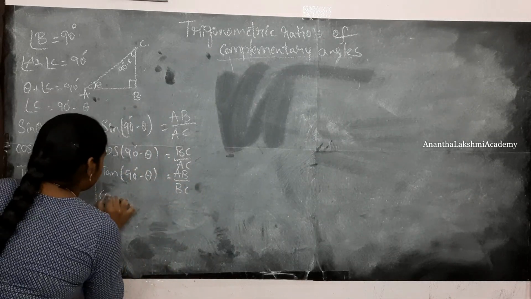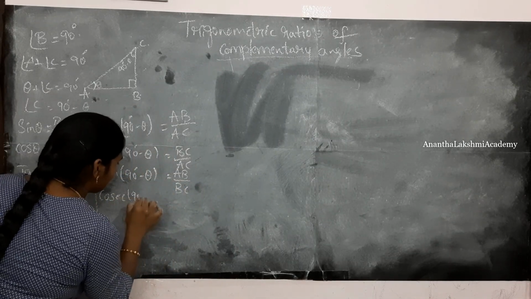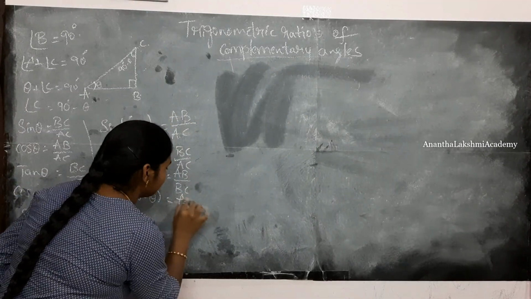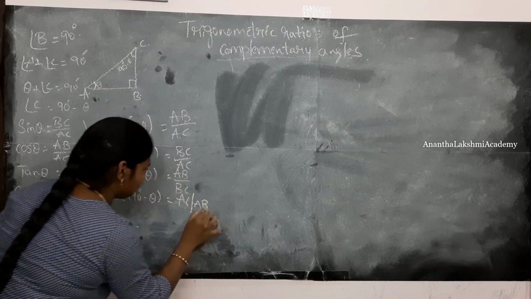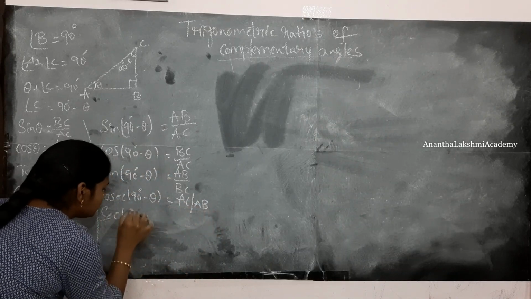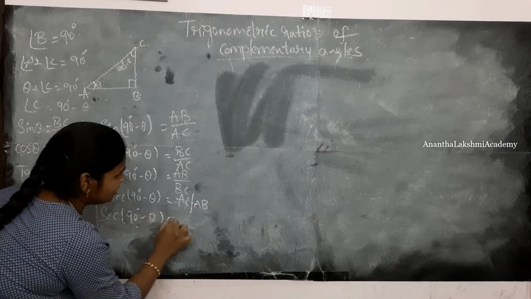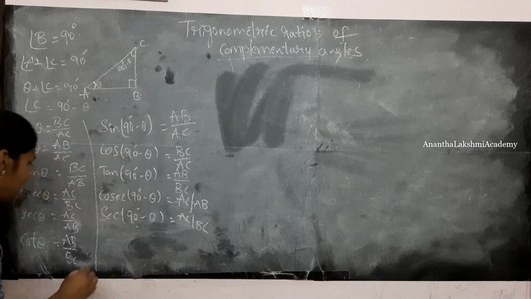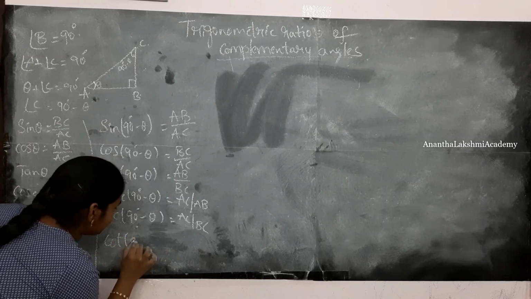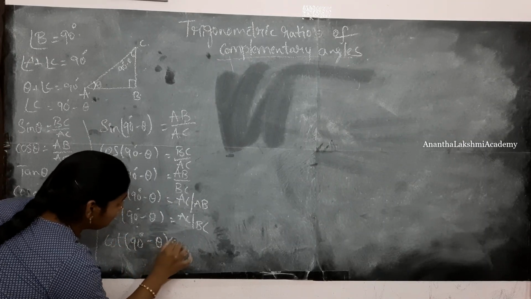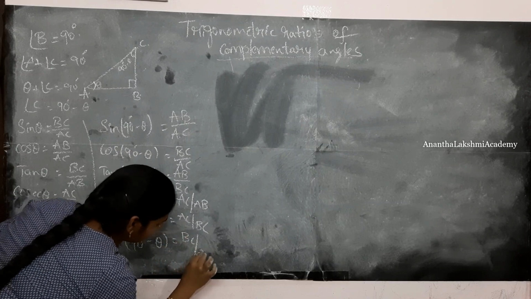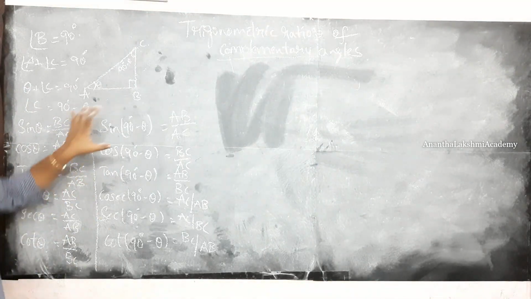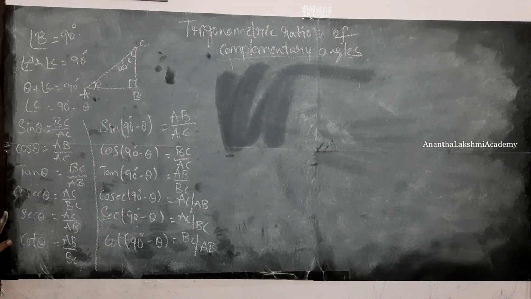And the regular multiplicative inverse ratios: cosecant of 90 minus theta is equal to AC by AB. Secant of 90 minus theta is equal to AC by BC. And then cot of 90 minus theta is equal to BC by AB.